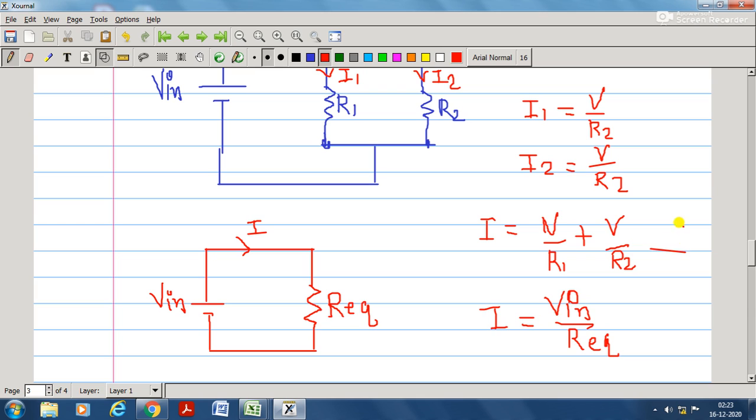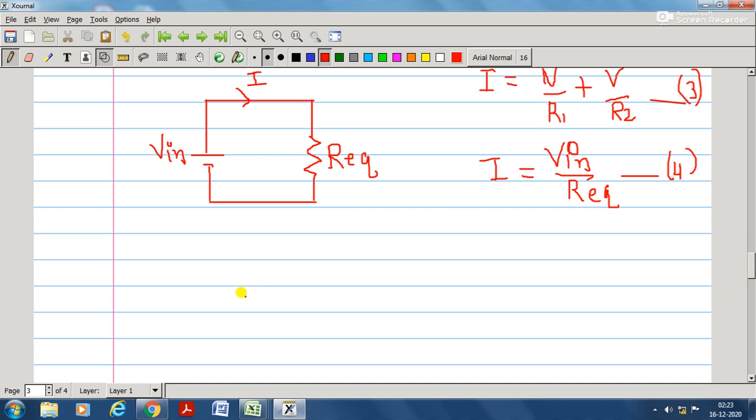So we can compare this equation number, let's say 3 and 4, and from that we can write that V upon R equivalent will be equal to V upon R1 plus V upon R2.